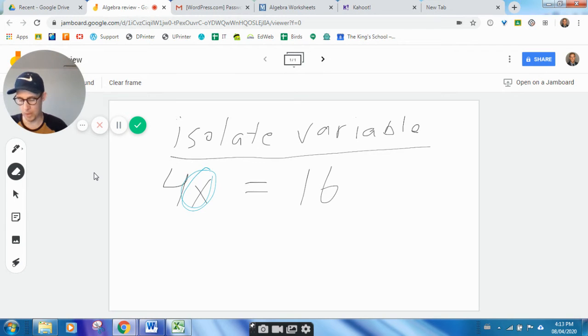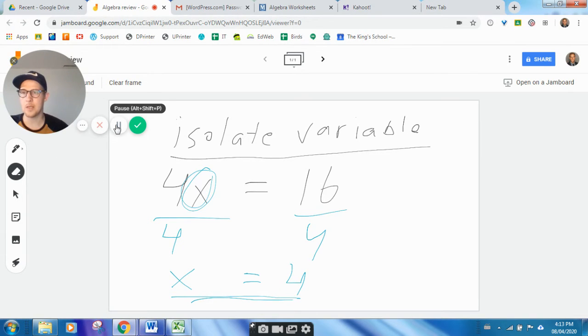And both the 4 and the x are on one side of the equation, and the 16 on the other. So in order to isolate the variable, that means that we're going to get the x all alone on one side of the equation, and we're going to have the 16 and the 4 on the other side of the equation. So that's what it's talking about when we say isolate the variable. And if you thought that you needed to divide both sides by 4 to solve this equation, then you were right. Okay, let's pause this.